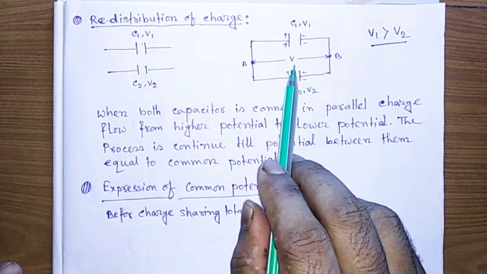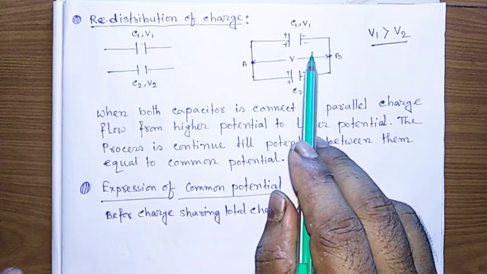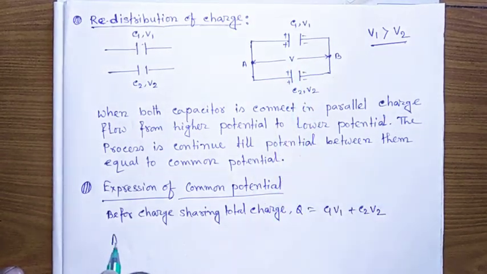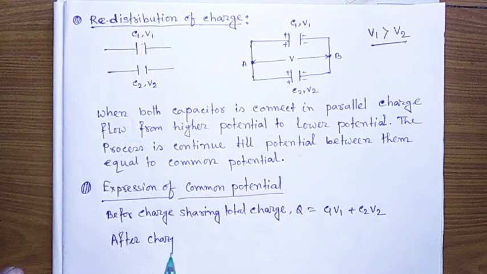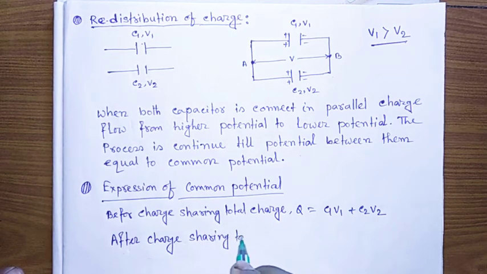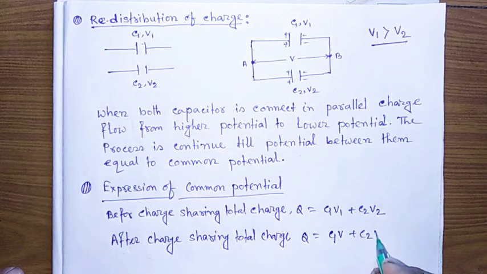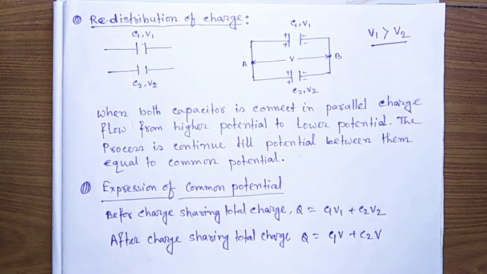Now after redistribution, the potential for both C1 and C2 is V. So after charge sharing, total charge Q is equal to C1 V plus C2 V, where V is the common potential.